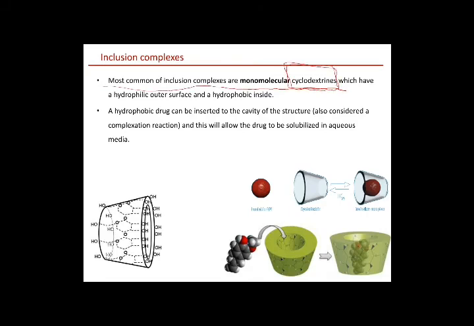It says most common of inclusion complexes are monomolecular cyclodextrins. This term, cyclodextrins, you will definitely hear this term again and again after you graduate, especially if you choose pharmaceutical or pharmaceutical sciences, like in your postgraduate studies.